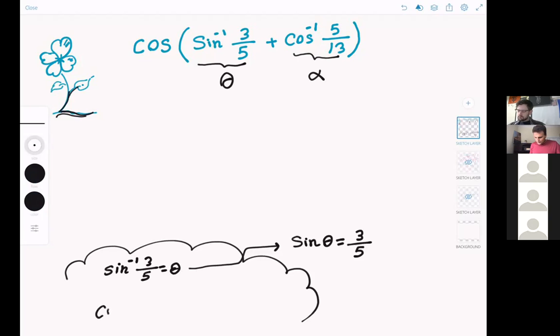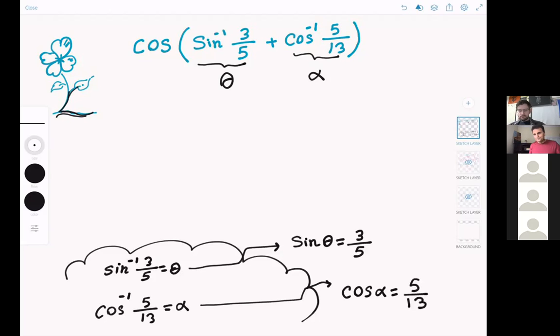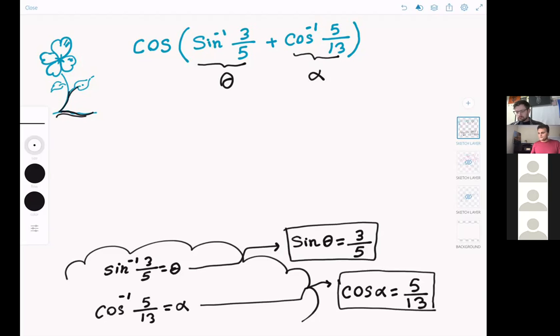Then cosine inverse of 5/13 equals alpha. This means cosine of alpha equals 5/13. What do we do? I just box it. This is very valuable for us. Good. So we have this one and we have that one.